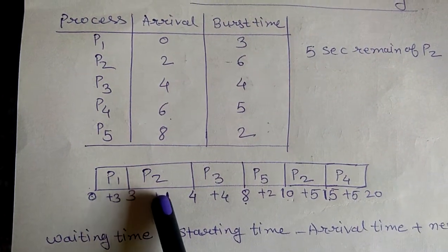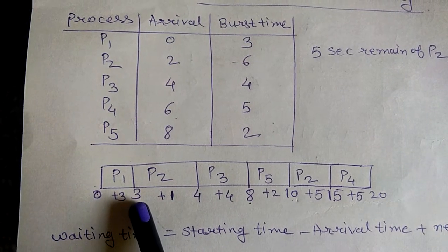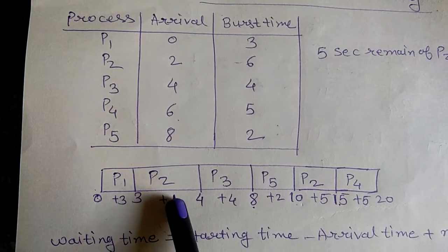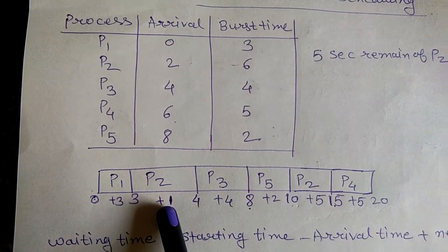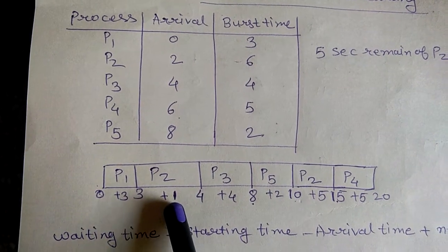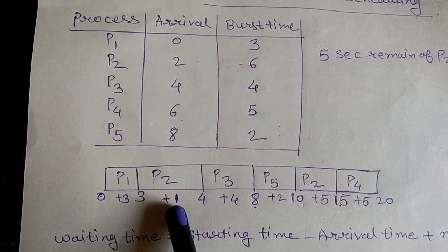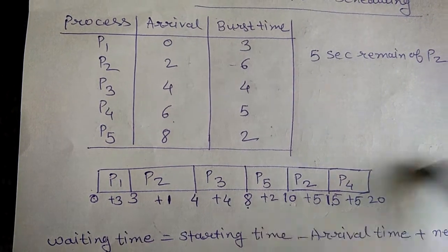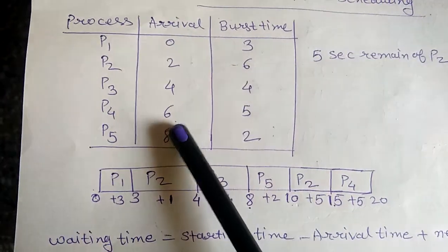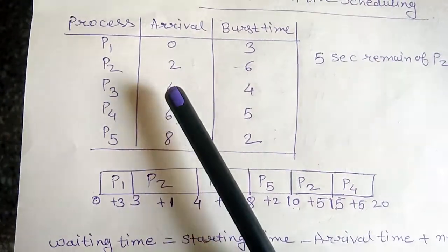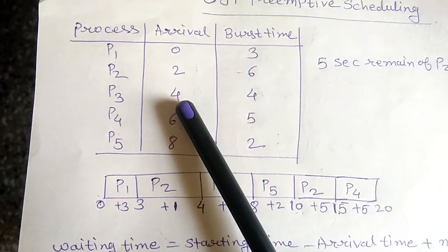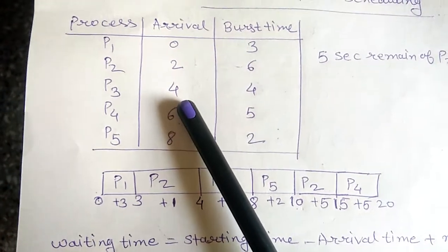But process P2 has started its execution at the 3rd second but couldn't complete it. It has executed only up to 1 second, because at the next second process P3 has arrived. The arrival time of P3 is 4.